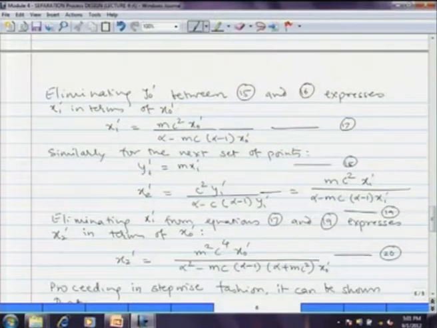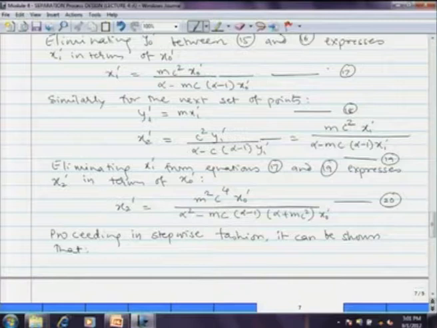Okay. So, we proceed to the next point, y1 dash is equal to m x1 dash, and the corresponding point on the VLE curve, x2 dash is equal to c square y1 dash divided by alpha minus c into alpha minus 1 into y1 dash. This you can rearrange by writing y1 dash in terms of x1 dash: m c square x1 dash divided by alpha minus m c into alpha minus 1 into x1 dash, and now x1 dash you can write in terms of x0 dash.